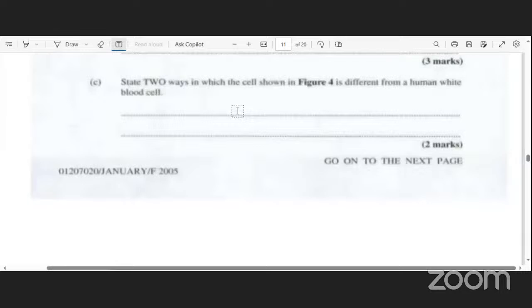All right, moving on to the last question. State 2 ways in which a cell shown in figure 4 is different from a human white blood cell.